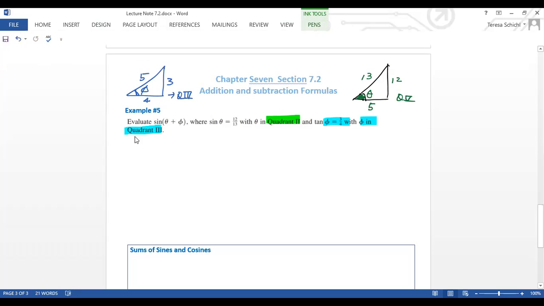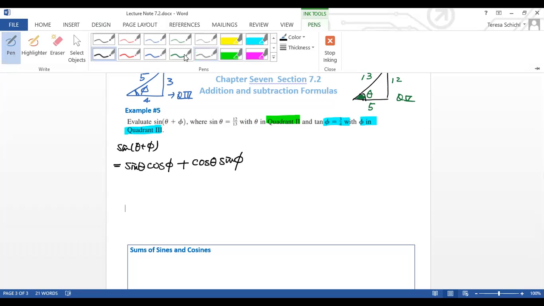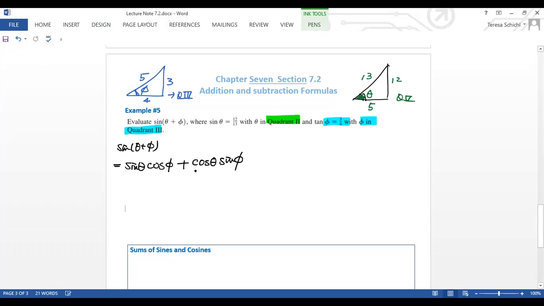Now they say find the sine of theta plus phi. You see here, now you say, oh, this is the sine cosine addition formula. So you will say sine theta cosine phi plus what? Cosine theta sine phi. Let me color code that.